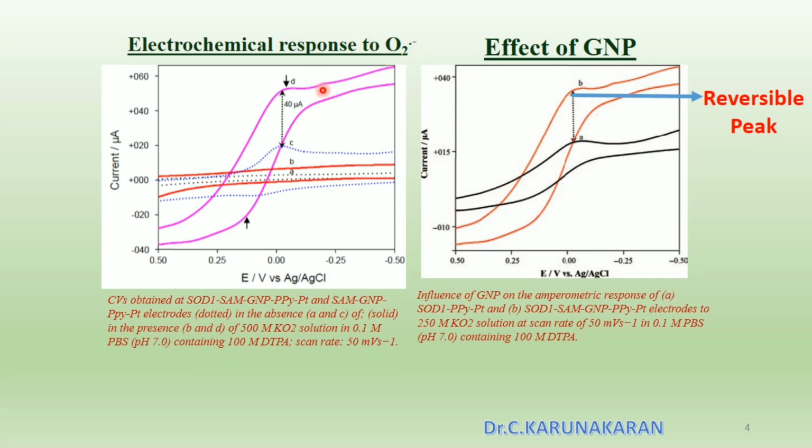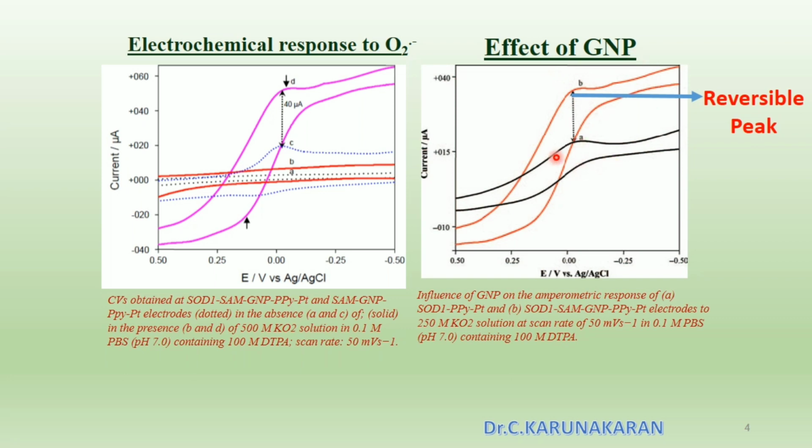We have taken the superoxide radical biosensor electrode and added superoxide radical. As you see, we have got a huge increase in the current because of the superoxide radical added on the electrode. Here we have shown the effect of GNP.